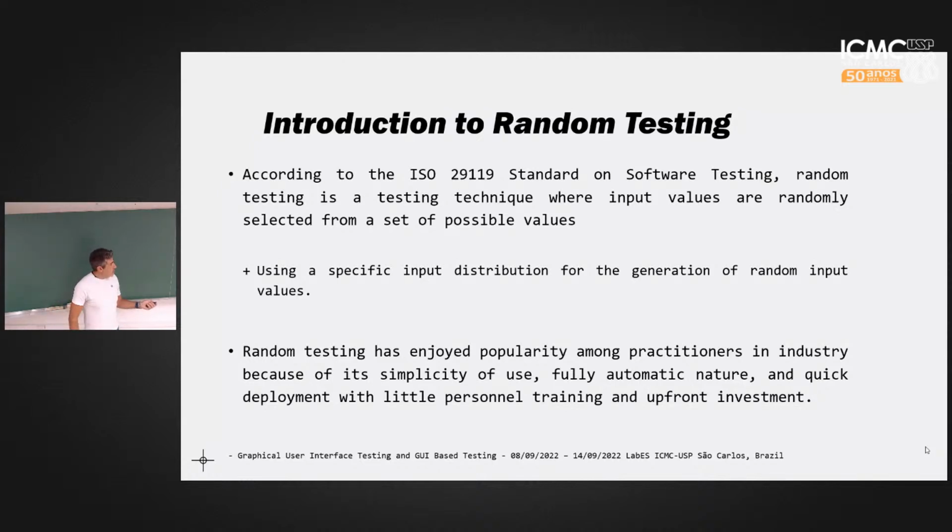So, why is random testing very important? Because random testing is very easy to use, it's fully automated, and it can be quickly deployed. If you search on Google, there are many random testing tools that you can use both in research and in industry too.